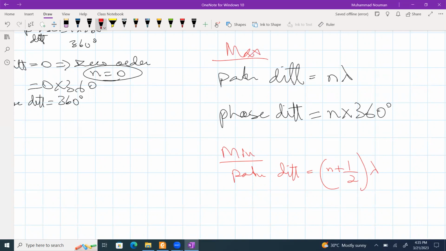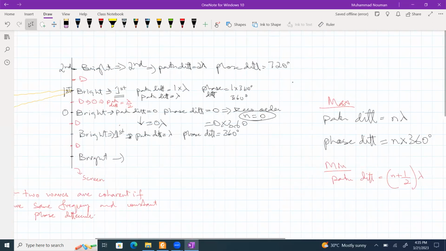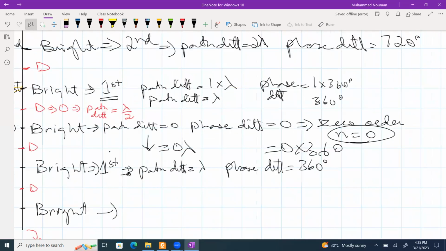That's the reason why it becomes half lambda only. So for the first dark fringe, the path difference is 0 plus half lambda, meaning only half lambda.